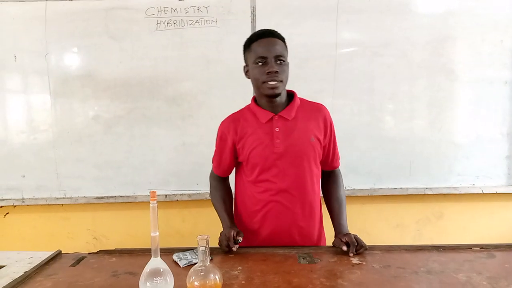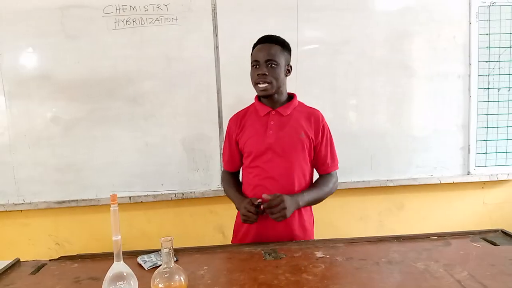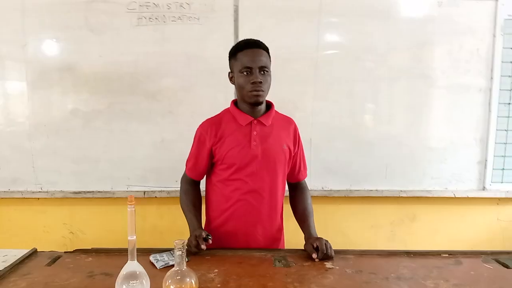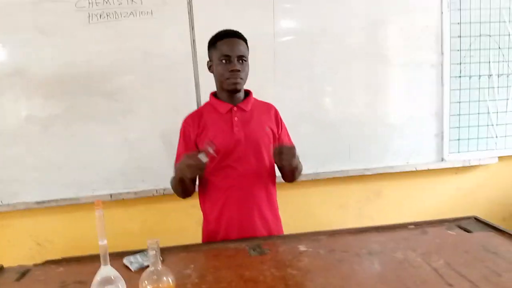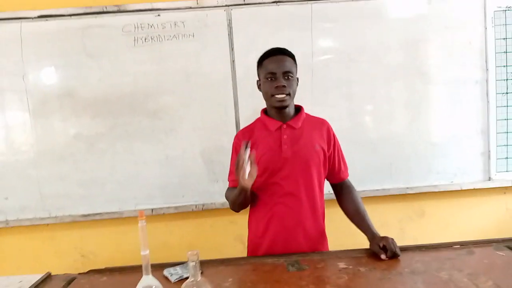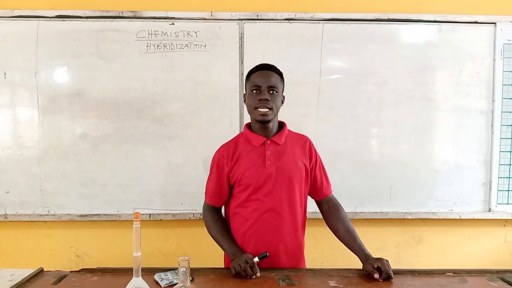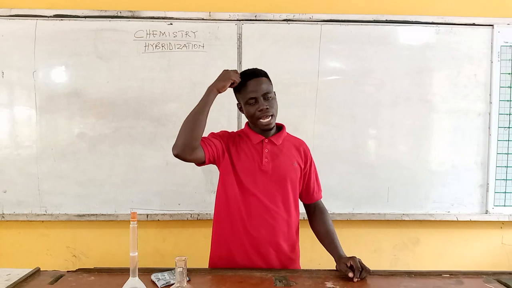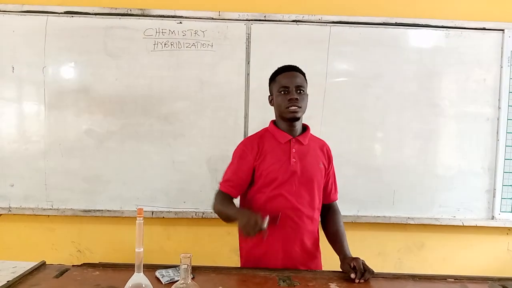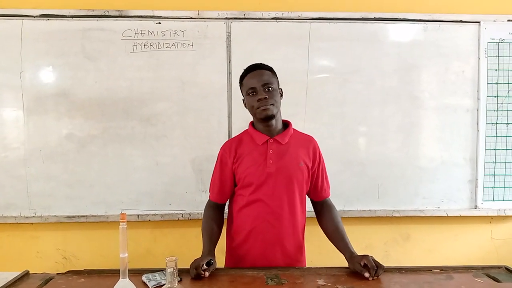In today's presentation, we are going to discuss how some molecules are formed, and we'll be able to explain some concepts regarding sigma and pi bonds. We've studied in our previous video that anytime a molecule has sp hybridization, that molecule will be linear in shape.